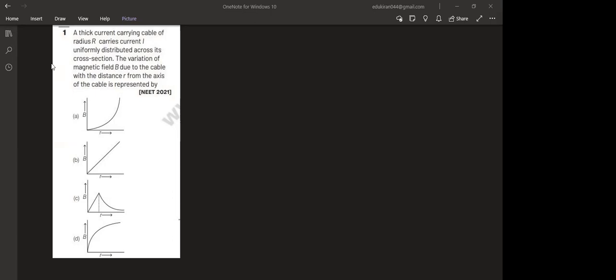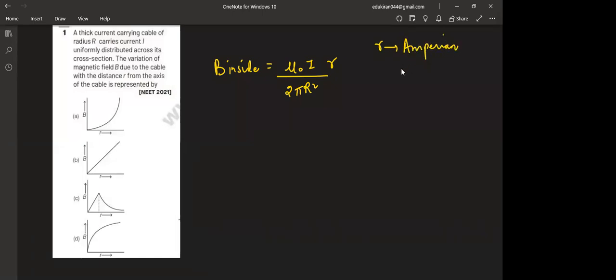See, magnetic field inside a conducting cable, or a concentric cylindrical wire if you choose, is mu naught I divided by 2 pi R squared multiplied by r. This r is the Amperian loop's radius, and capital R is the radius of the cylinder, the radius of the cable.